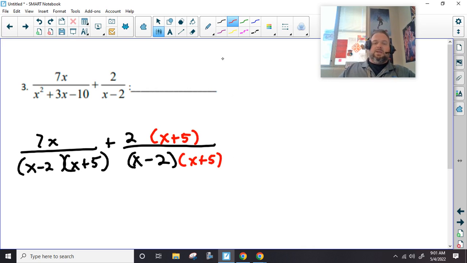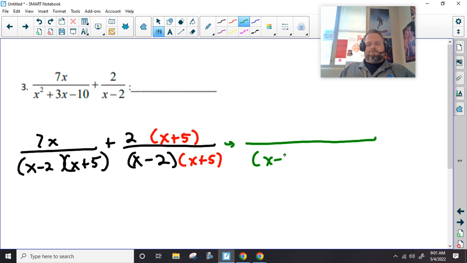Okay. So 7x plus 2x plus 10. These are the only two that combine.